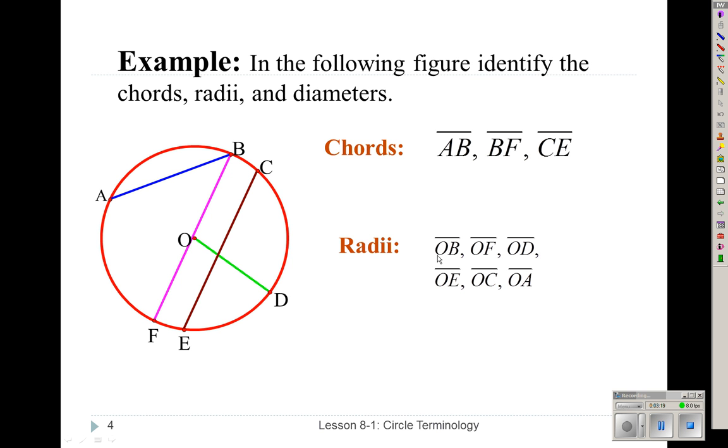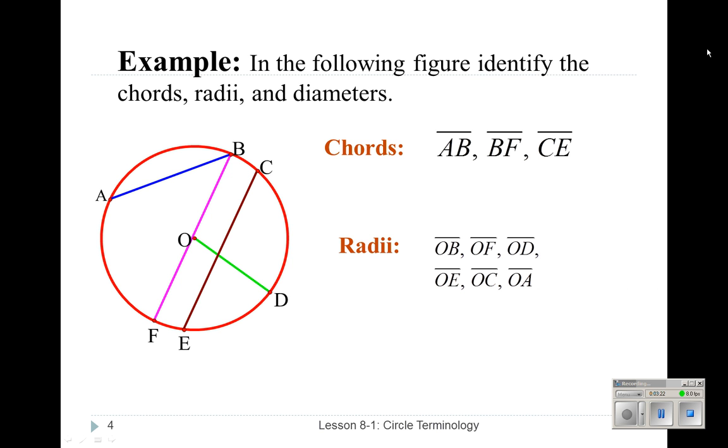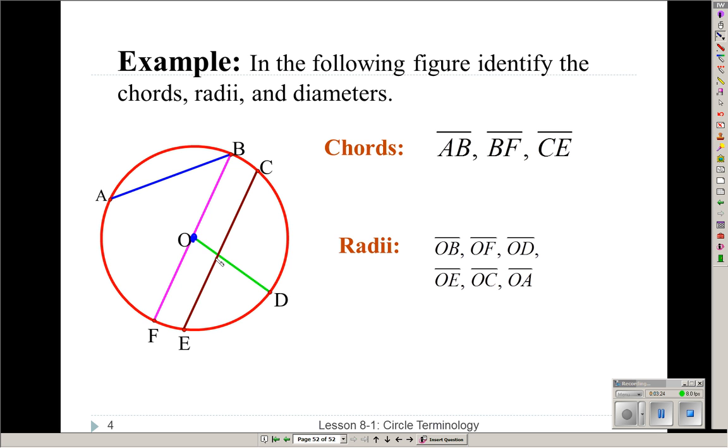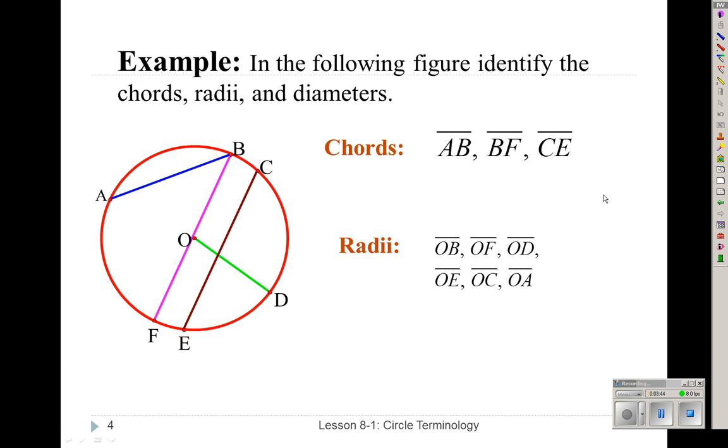All of these have point O listed because point O is the center. Notice they also have segment OA, even though it wasn't originally drawn, segment OC, and segment OE. It's still a radius even if it's not drawn, so those could also be included. A diameter, that would be segment FB. It's a chord that goes through the center.